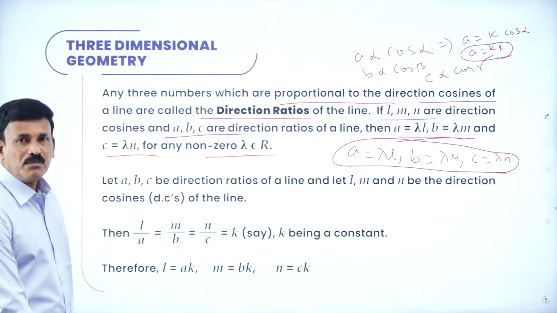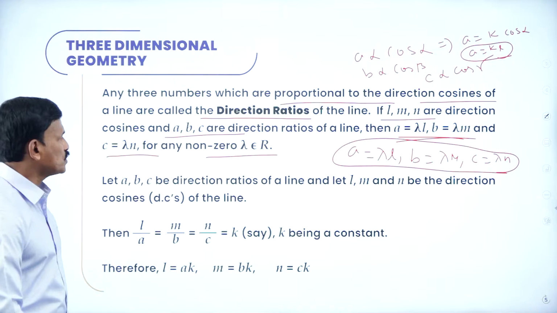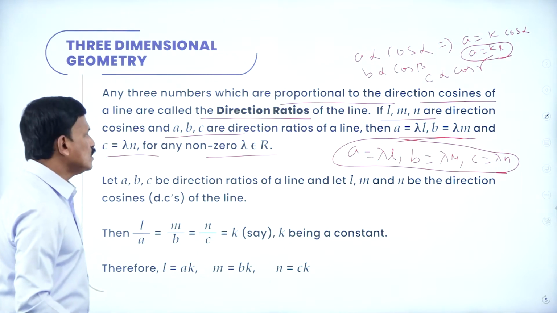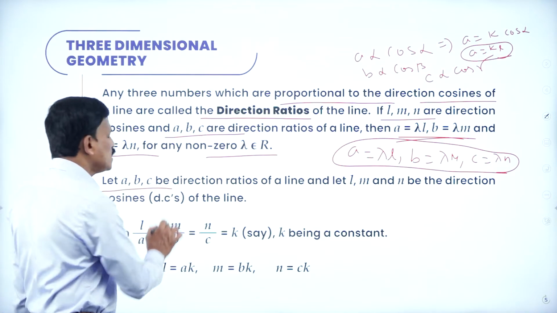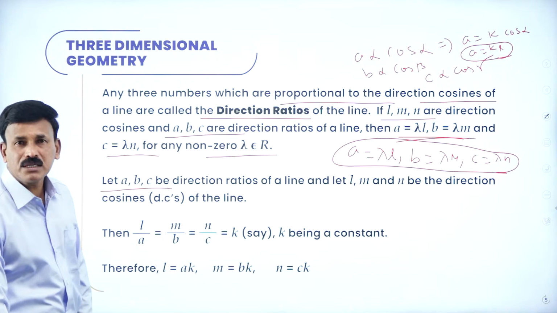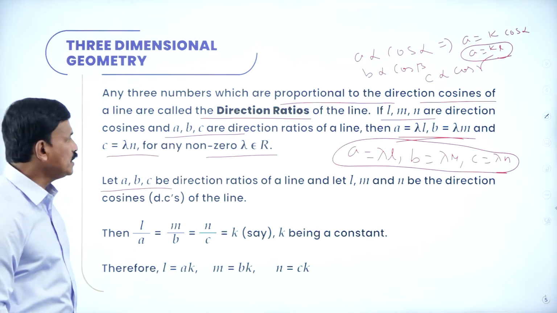Now let a, b, c be the direction ratios of a line, and l, m, n the direction cosines of the line.